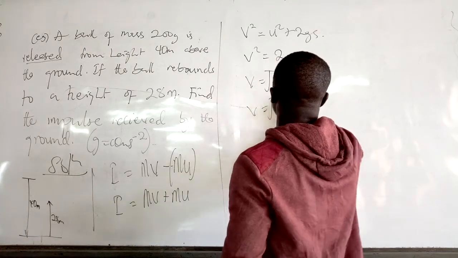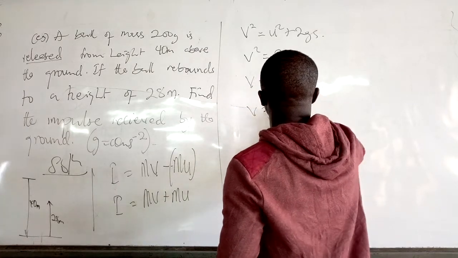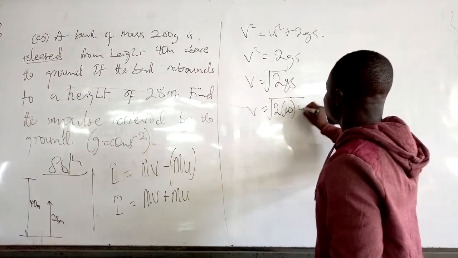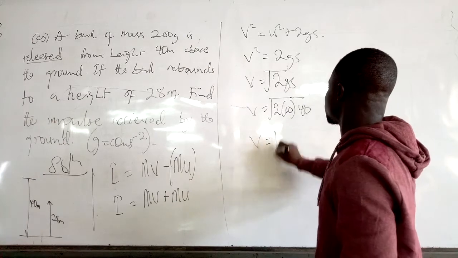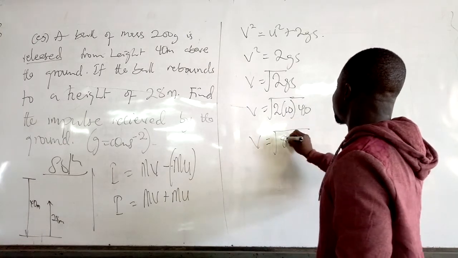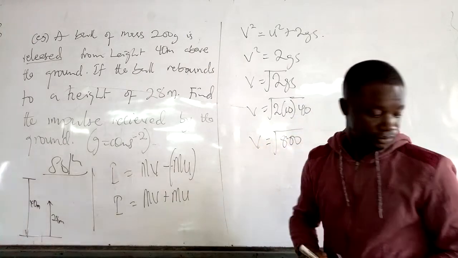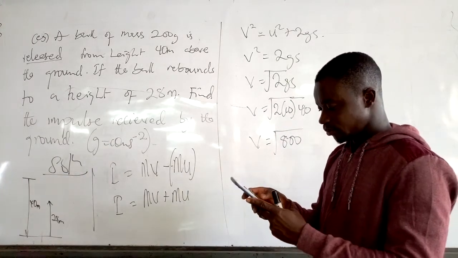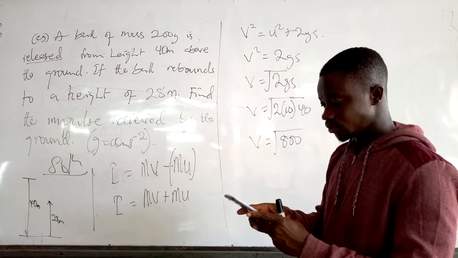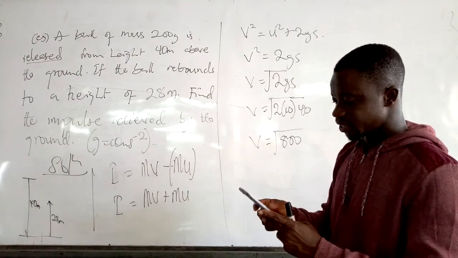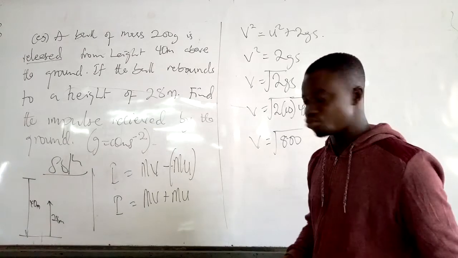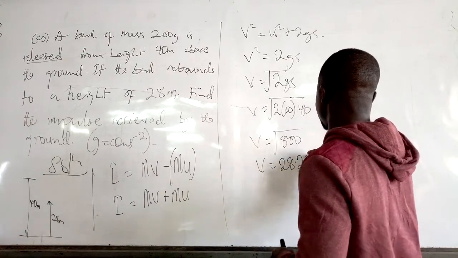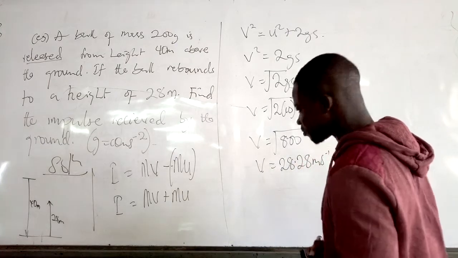So v is equal to square root of 2 times 10, which is acceleration due to gravity, times the height, 40. So v is equal to square root of 800, and that gives us 28.28 meters per second. Good.